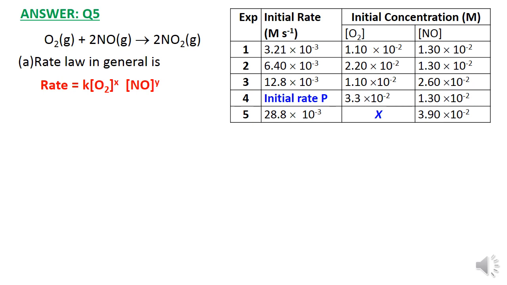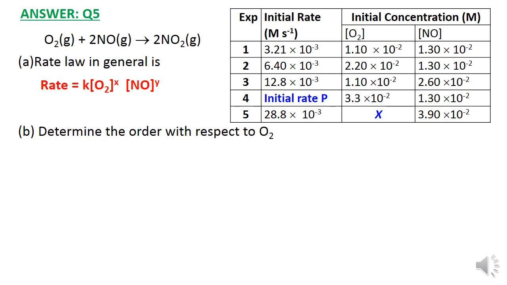So we write rate equals k times the concentration of oxygen to the power of x, the order with respect to oxygen, and the concentration of nitrogen monoxide to the power of y, the order with respect to NO. x and y are the orders for each of the reactants, which are determined from experiment. They are not the stoichiometric coefficients in the balanced equation.